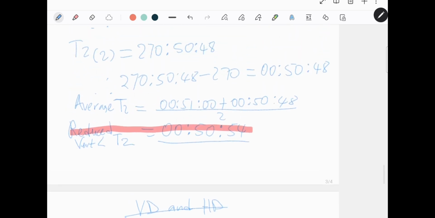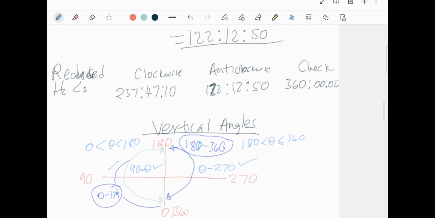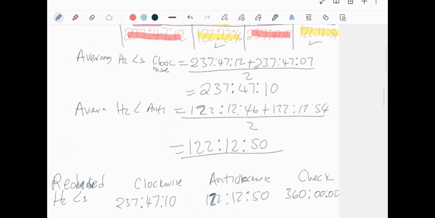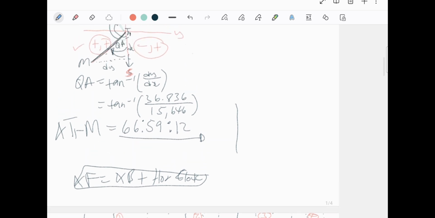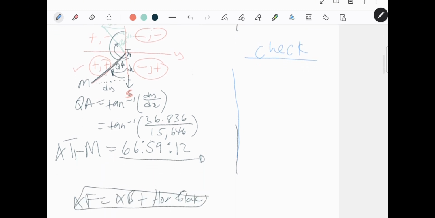If you check, we don't have any checks here. We only had this check for the horizontal angles and also for our joint calculation. I didn't do this check. There's supposed to be a check here, for the joint calculation.